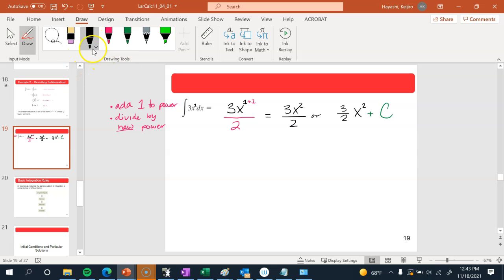You can probably just look at it and tell that you do, but if you wanted to check explicitly, what you would do is take the derivative with respect to x of this 3 halves x squared plus c.